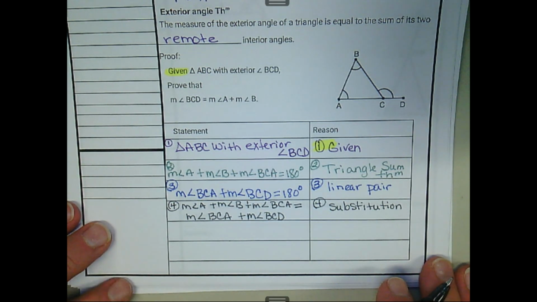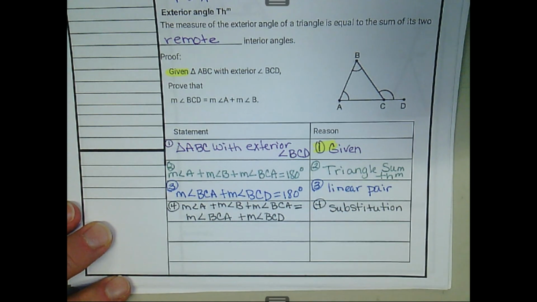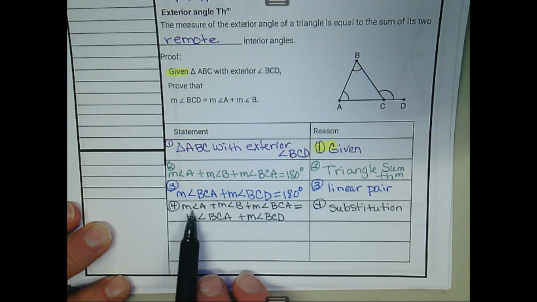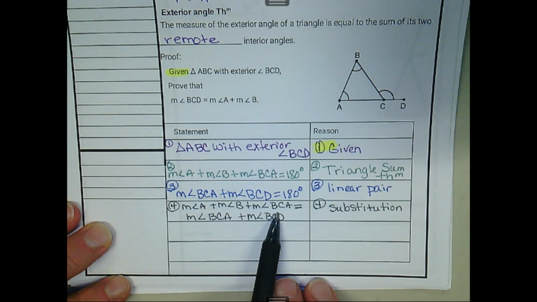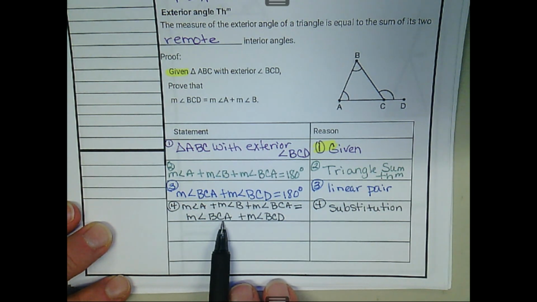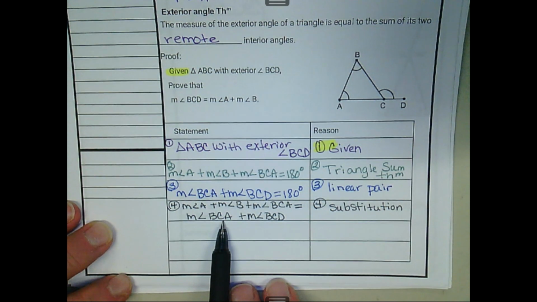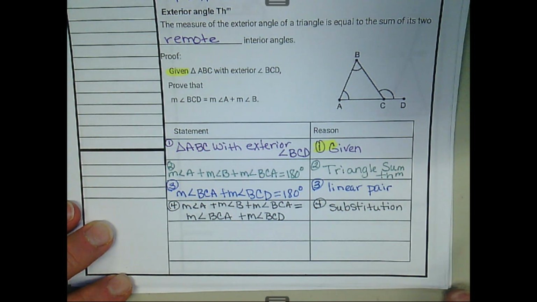Okay, I look again. I've got the measure of angle A, the measure of angle B, the measure of angle BCA. I start again with the measure of angle BCA. An angle measure is a number.